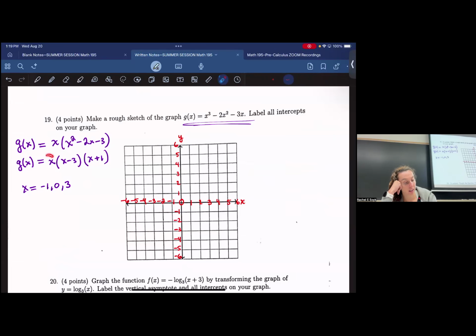Do not forget this x-intercept here. Whenever you see an x that's pulled out, that gives you an intercept, a 0 at 0. These are all of my x-intercepts. So we have -1, we have 0, and we have 3.